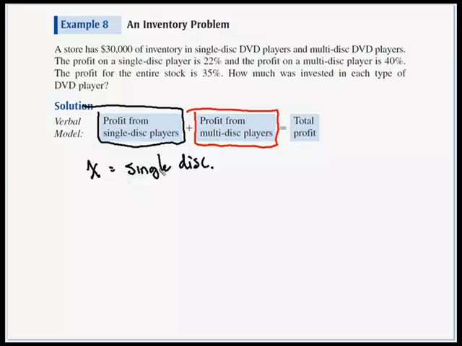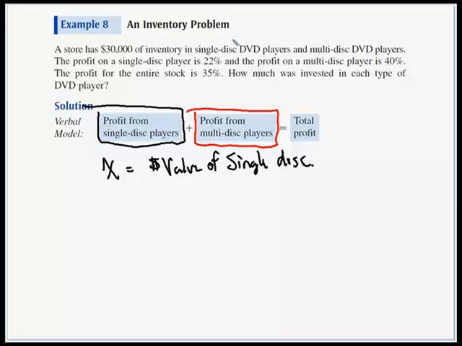Actually, that's not going to be the number of single disc players. It says how much was invested of each type. So X is the dollar amount, the dollar value of the single disc players. And remember, in the warehouse there was 30 grand total in inventory.